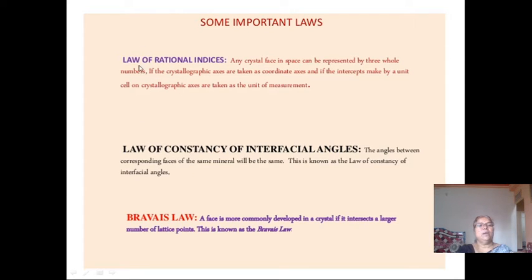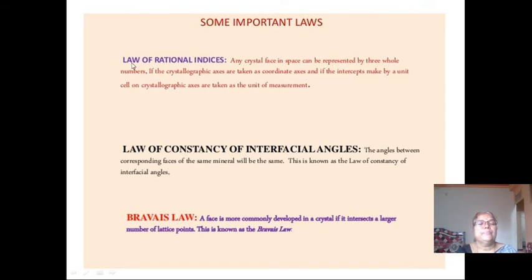Then the second law, the law of rational indices. Any crystal face in a space can be represented by three whole numbers, if the crystallographic axes are taken as coordinate axes and if the intercepts made by the unit cell on the crystallographic axes are taken as a unit of arrangement.